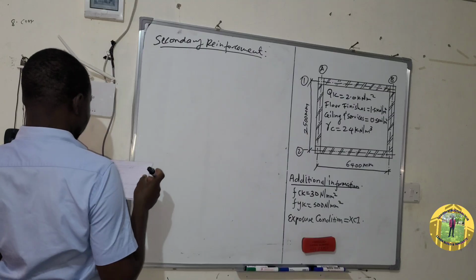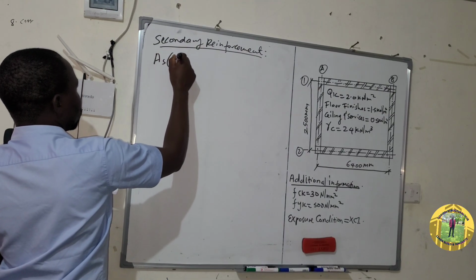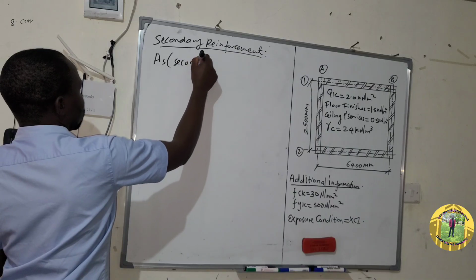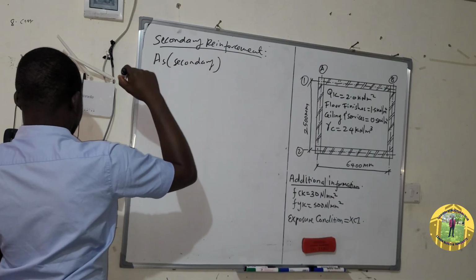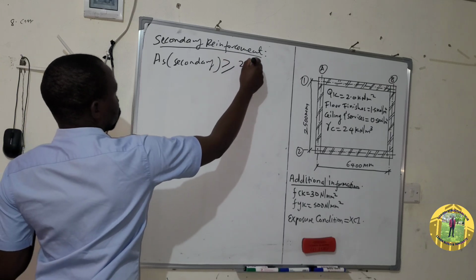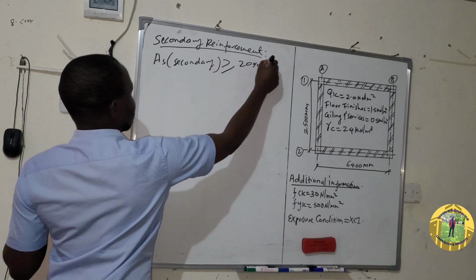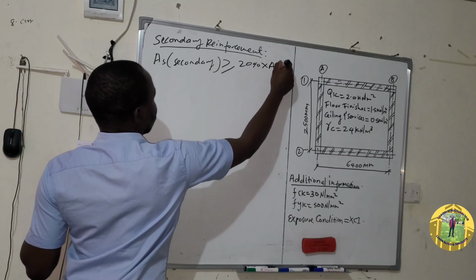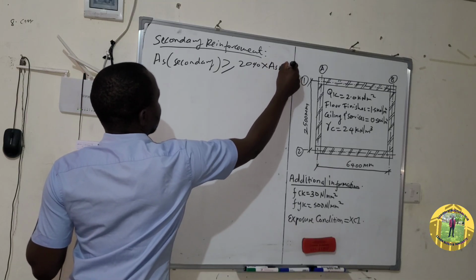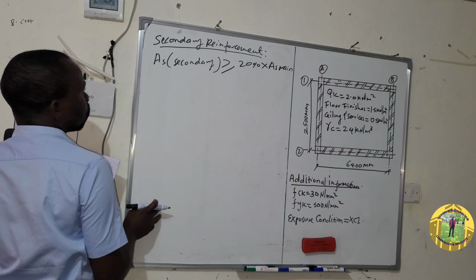So for secondary reinforcement, you know that area of steel for secondary or transverse must be greater or equal to 20% times area of steel for main. So we can replace this sign with equal sign.